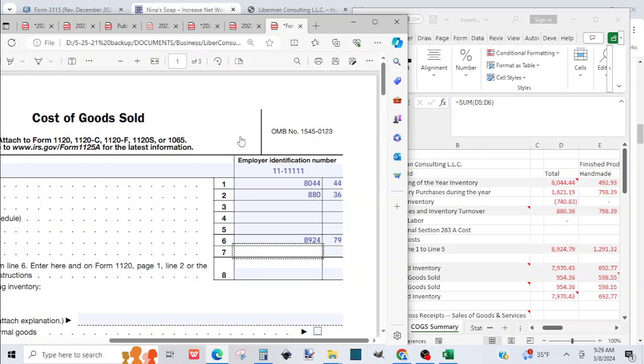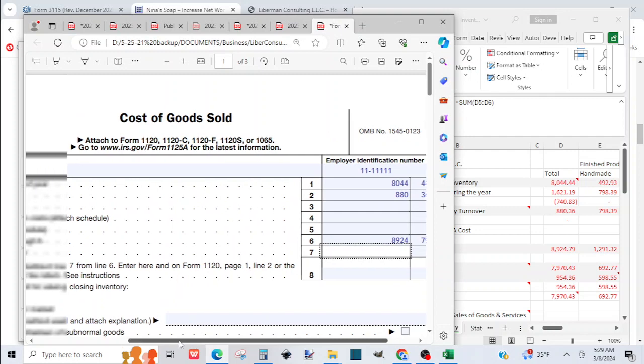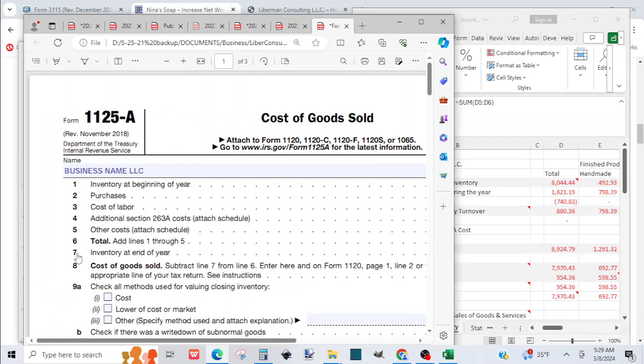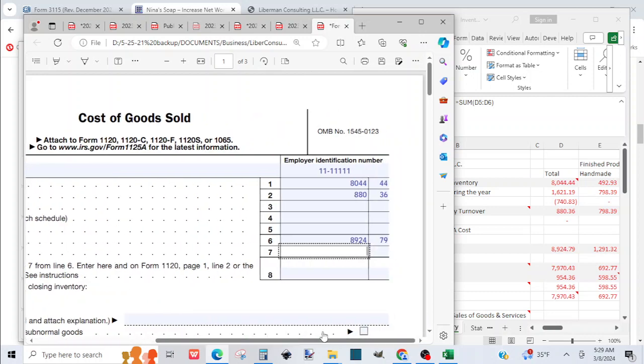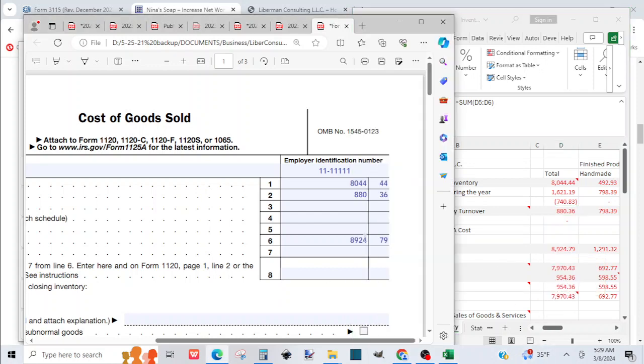Okay, so line 7, year-end inventory. So year-end inventory on our inventory record is 7970.43.